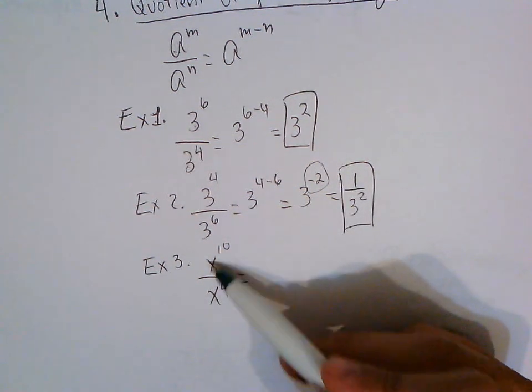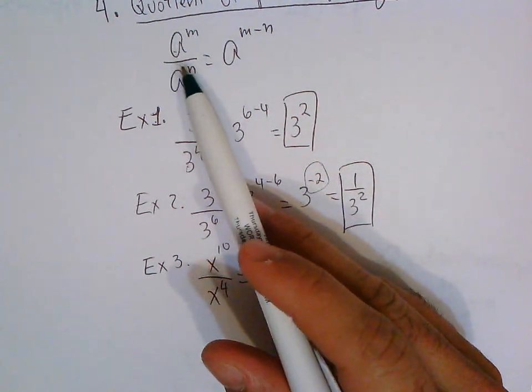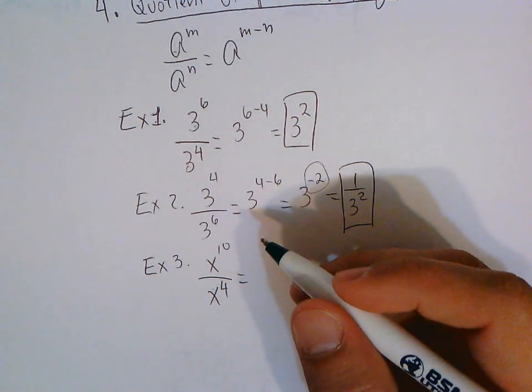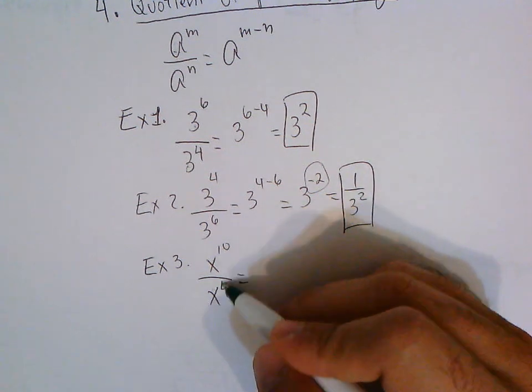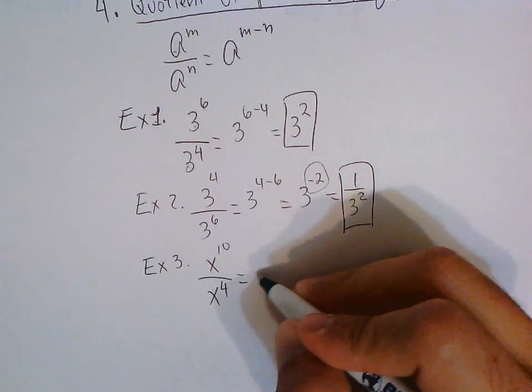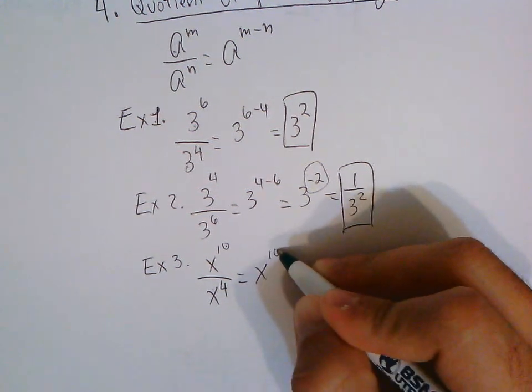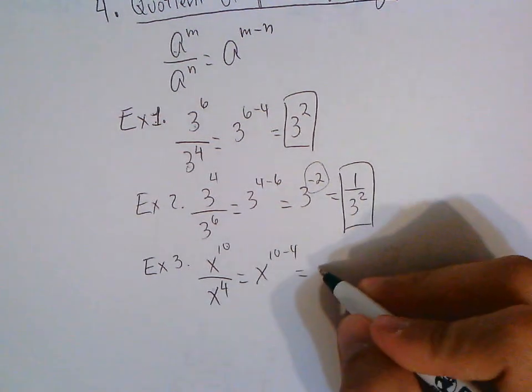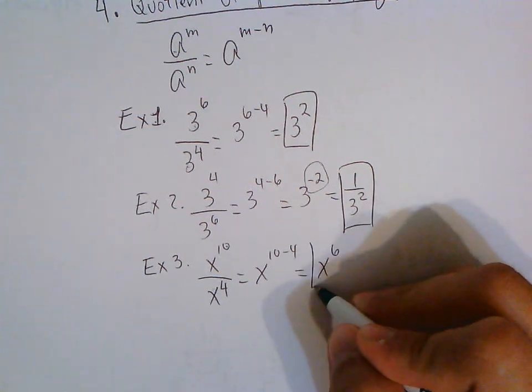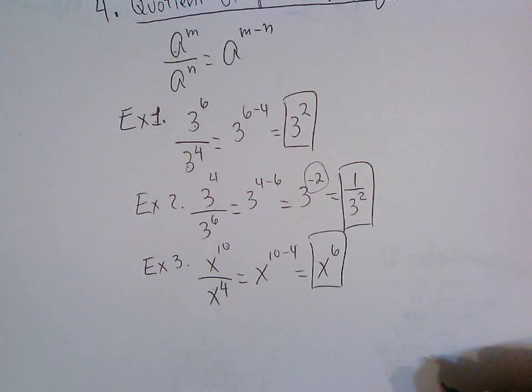Because I have the same base, I will apply this property which says that I can subtract the powers. So x to the power of 10 over x to the power of 4 is just x to the power of 10 minus 4, which is equal to x to the power of 6. And that finalizes my answer.